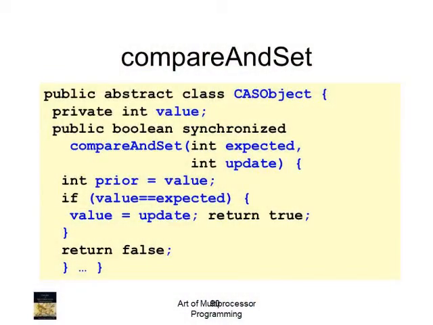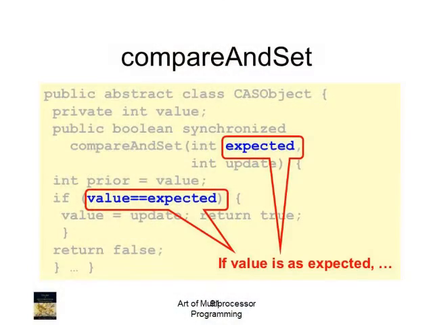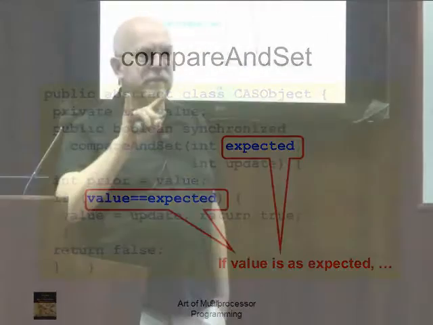Before we do that, I'll review what compare and set is. It's called compare exchange on Intel architectures. It's basically a machine instruction, but we can think of it as a method where there's a location in memory, and we have an expected value that we think is there.